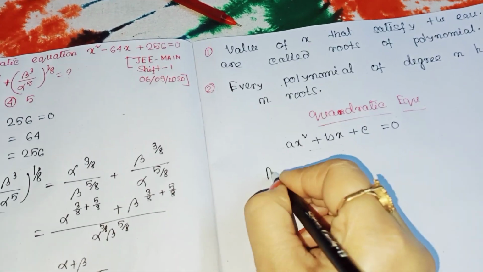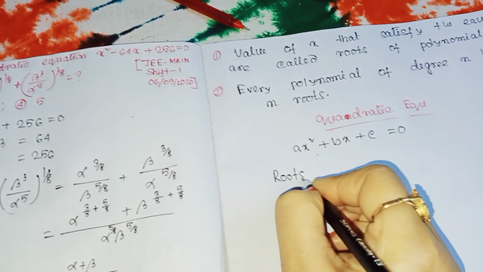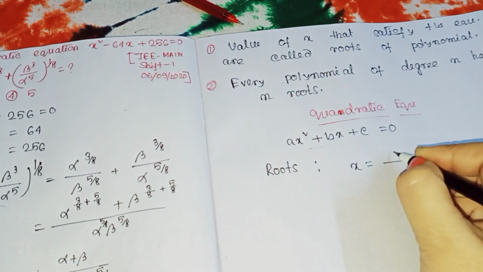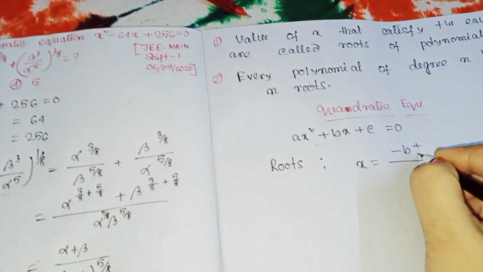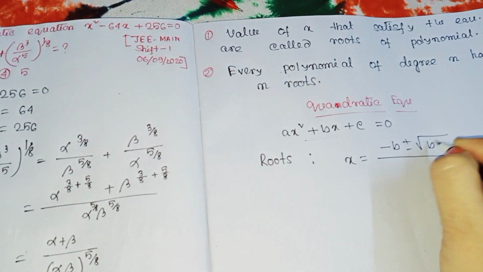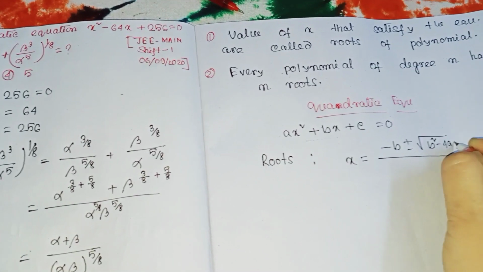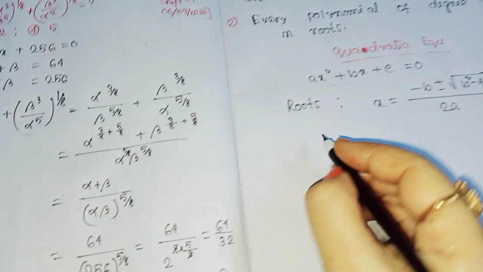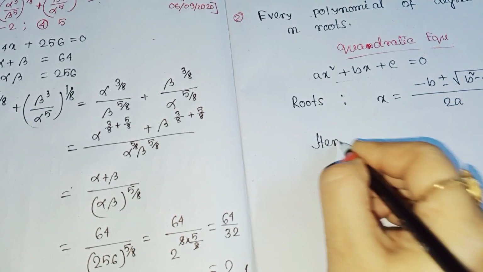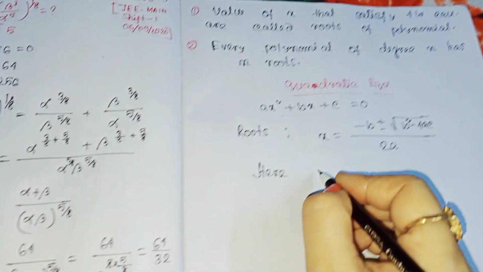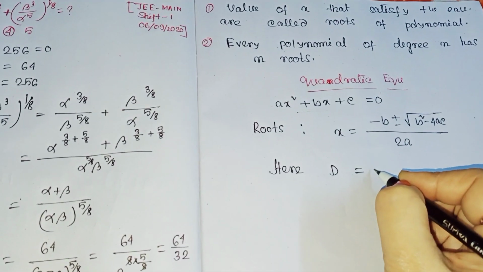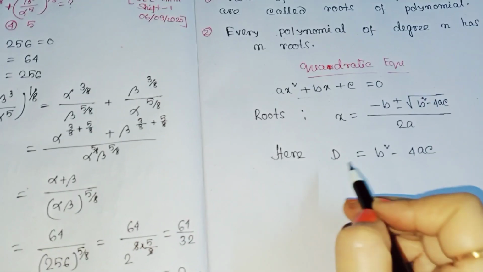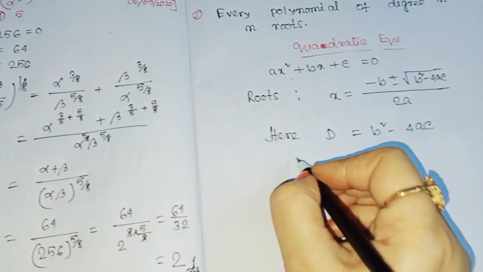And the roots of this equation are x is equal to minus b plus minus root over b square minus 4ac, divided by 2a. Here D is equal to b square minus 4ac.